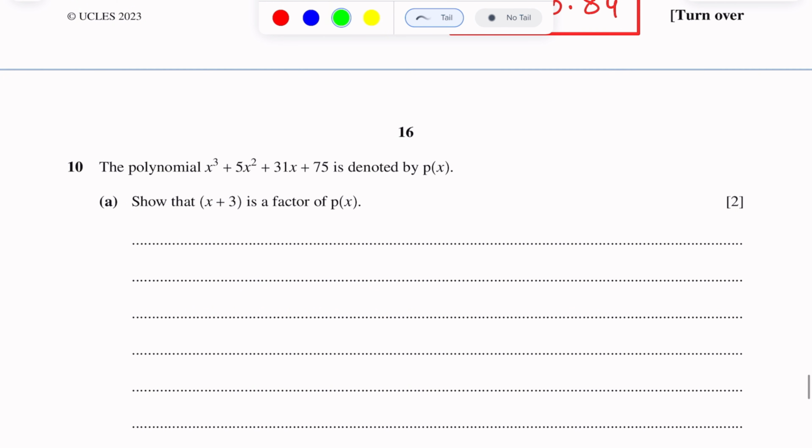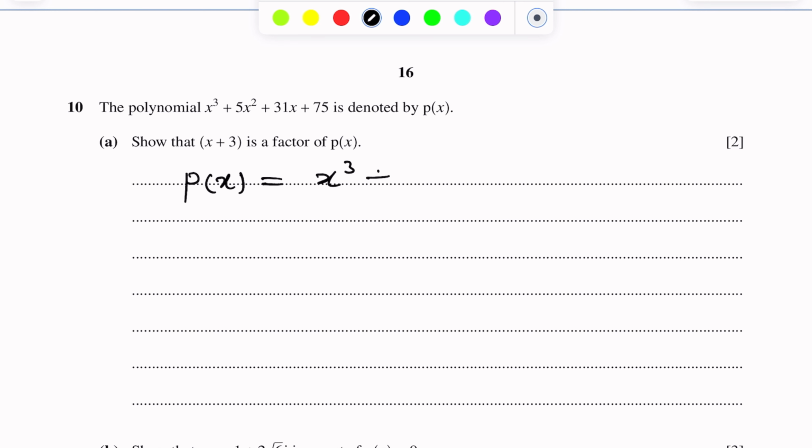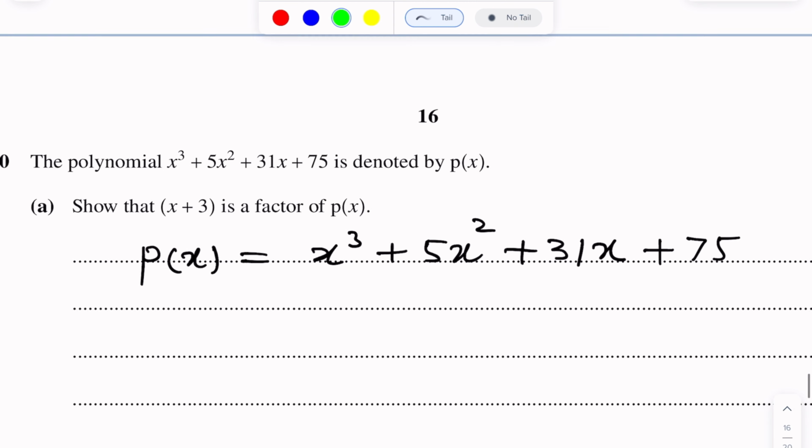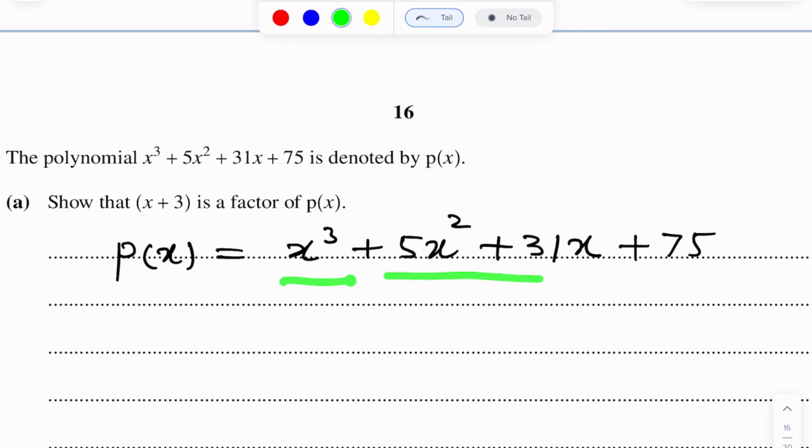p(x) is the polynomial in x equal to x cubed plus 5x squared plus 31x plus 75. Since x plus 3 is a factor of this polynomial, the remainder will be 0.